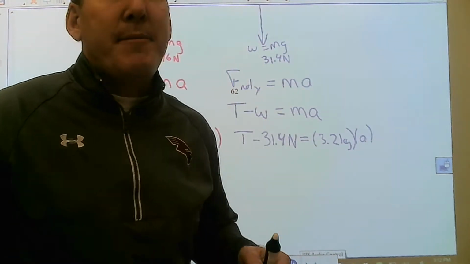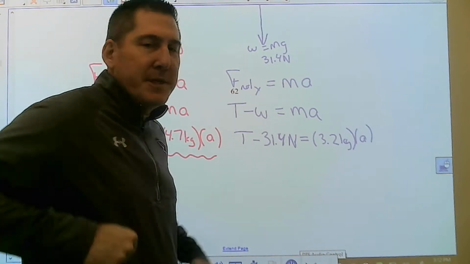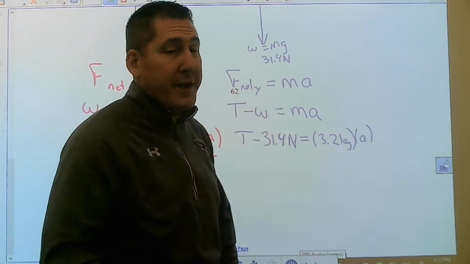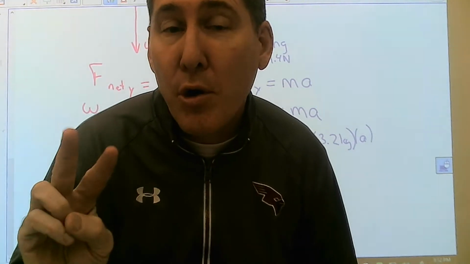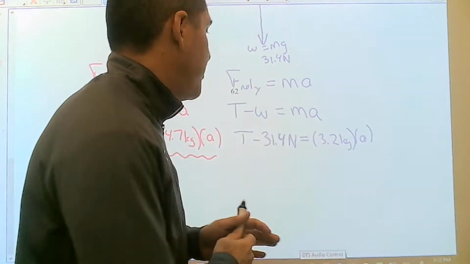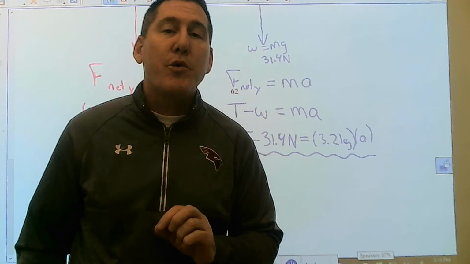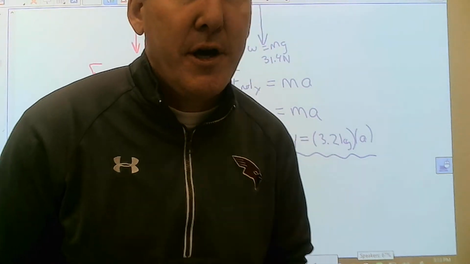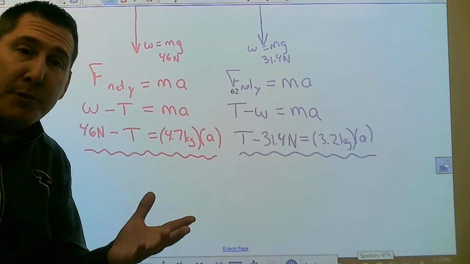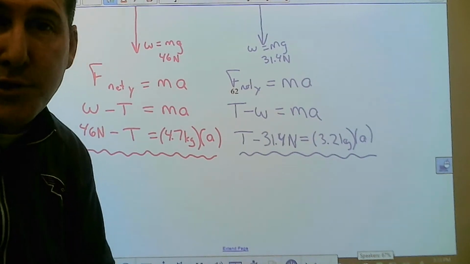And for just a moment in time, I might say, beans, shucks, I got two unknowns again. But now I realize I have two unknowns, but I have two equations. And if I have two unknowns and two equations, I can solve. Now, if you forget how to do this, there's a couple different methods. One is called substitution.